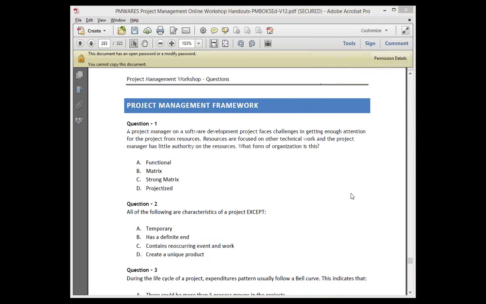If it is projectized, the project manager has full authority. What form of organization is this, which is leading towards functional or weak matrix? Because weak matrix is not an option here, we go for the functional. Yes, it is functional. Make sense? What about the second?